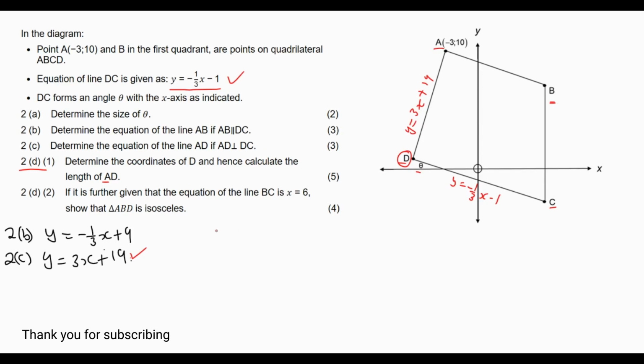So meaning that 3x plus 19 is equal to -1/3 x minus 1.